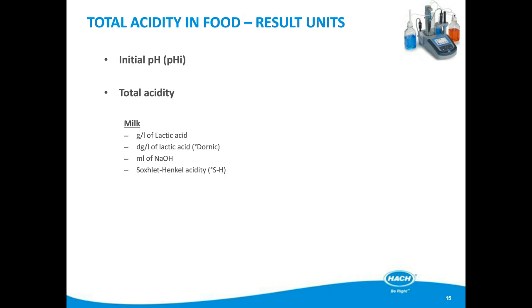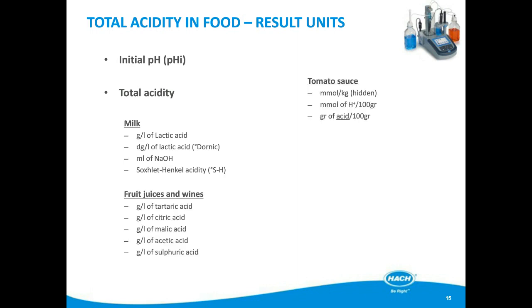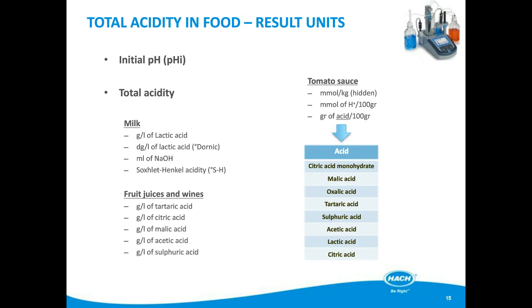You can choose the units that you want, and display up to 5 different units at the same time. You can see here the different types of units, and you can express the results in different kinds of acids. It's already optimized and defined in the method. You can choose the unit that you want.